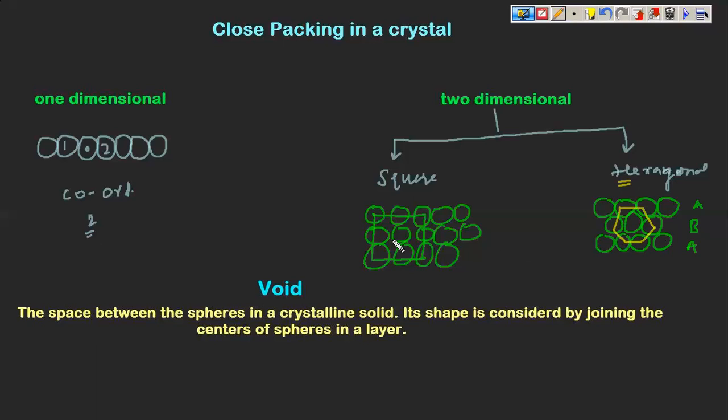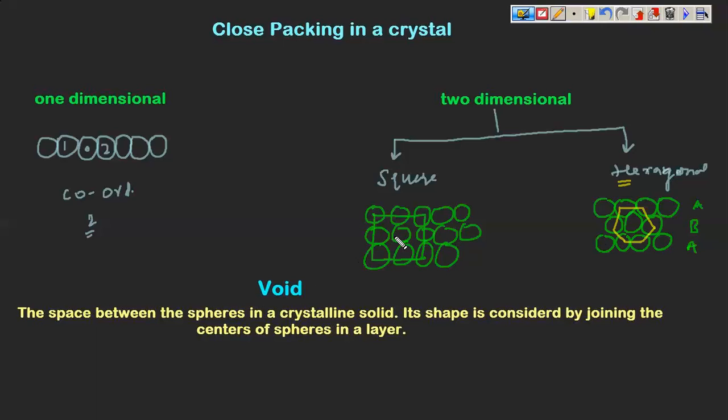Now look at the void. A void is the empty space between the particles. We consider the shape of the void by joining the centers of the particles in a solid.